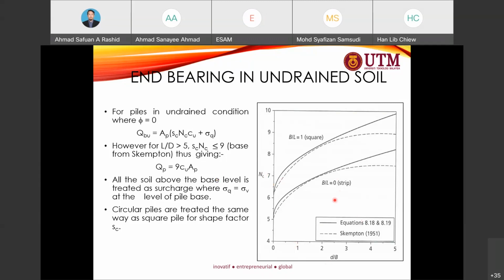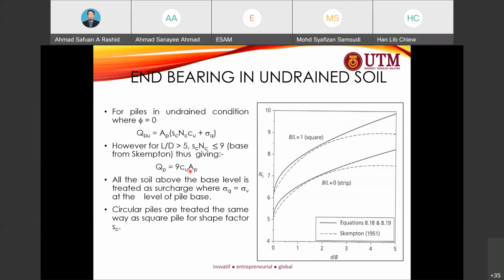However, for L over D greater than 5, NC and SC is less than 9, based on Skempton, thus giving QB equal to 9 CuAp.